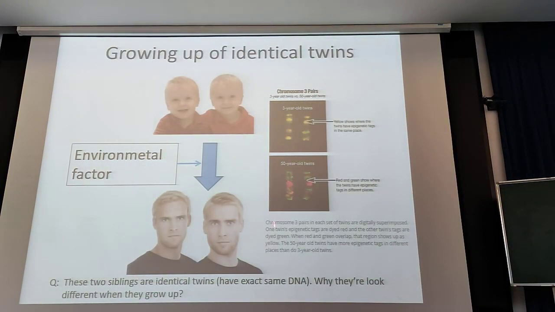So when they compare chromosome number 3 of the 3-year-old twins, they see that the epigenetic markers of the two twins are more or less the same. We hardly find any differences in the expression level between the 3-year-old twins.